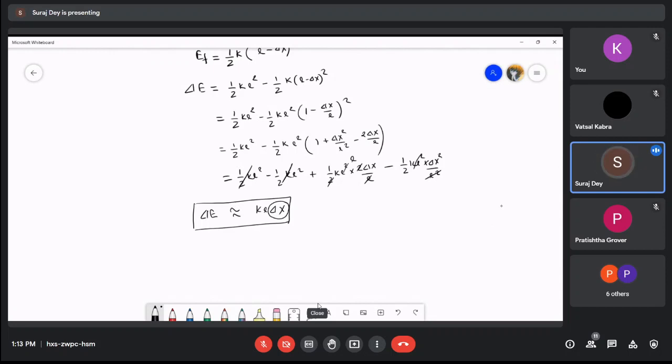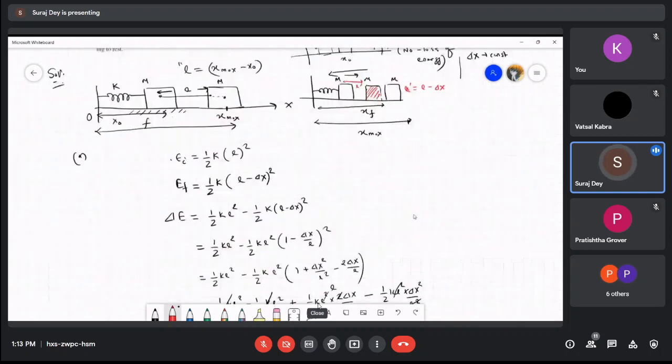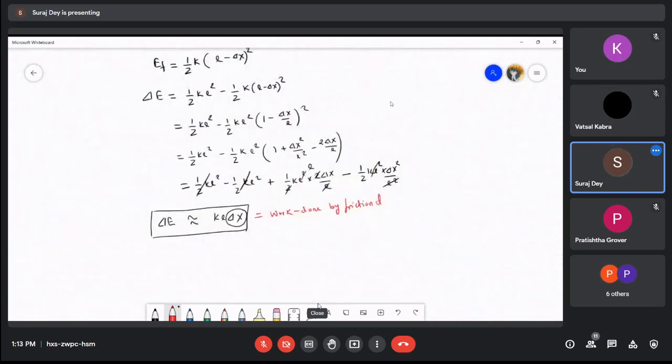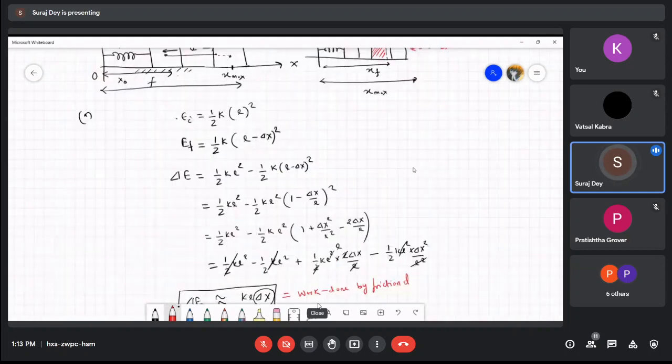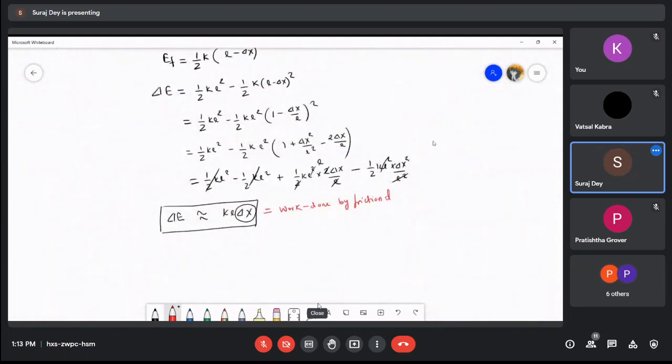Now, where does this energy loss come from? It comes from the work done by the friction. So this entire energy loss has happened because of the frictional forces. Now here is something very important. Because friction is non-conservative, this is a non-zero work.